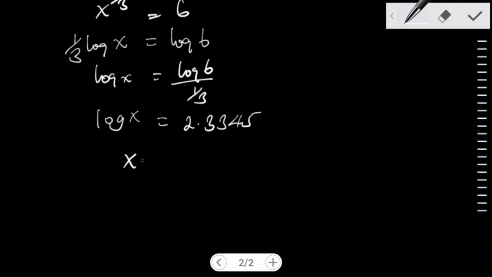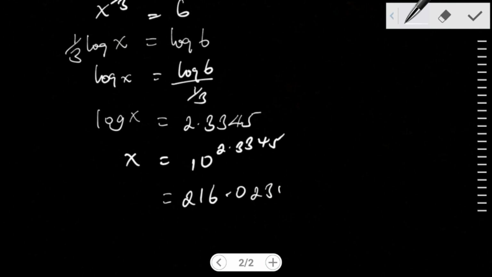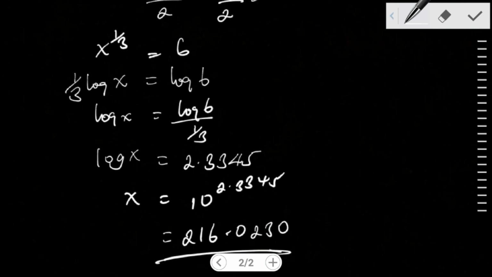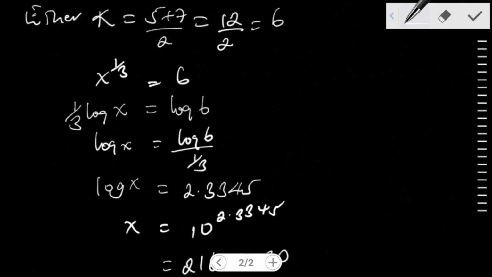And therefore we are going to say that x will be equal to 10 to the power 2.3345, and this would be equal to 216.0230 in this case. And then this is the first value of x. Let's get the other value of x.